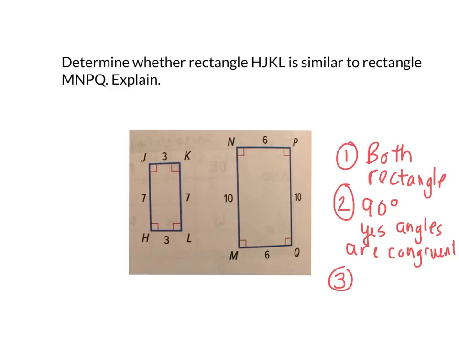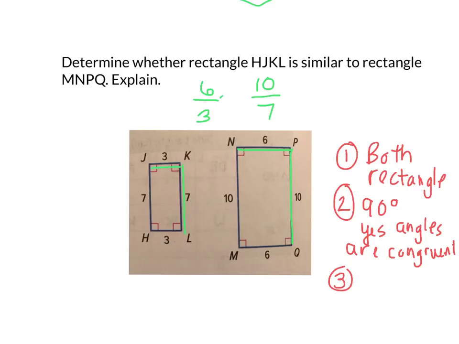And last but not least, I need to look at those ratios in between the corresponding sides. So here, I've got side JK and NP. So again, I'm going to start with my larger on top and build my ratio. Now I'm going to do the same thing with these sides. I'm going to take 10 and put it over 7.